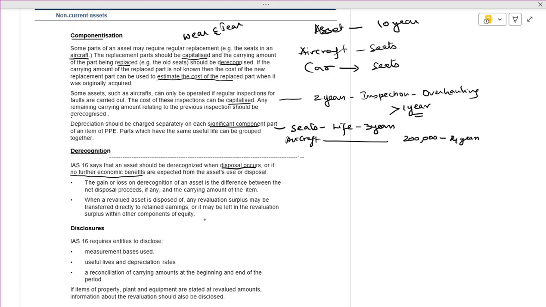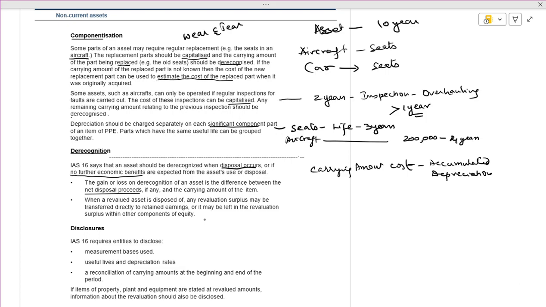The gain or loss on de-recognition of the asset is the difference between the net disposal proceeds, if any, and the carrying amount. What is the carrying amount? Carrying amount is nothing but cost minus accumulated depreciation. And any net disposals will be there definitely. In that case, net disposals will be less, carrying amount will be more.